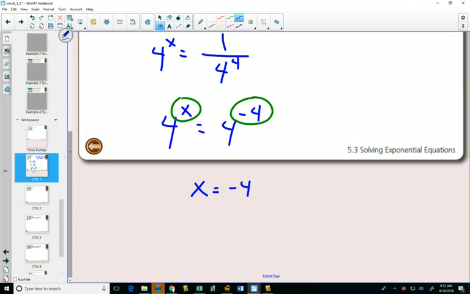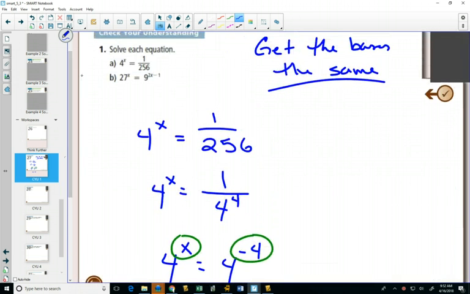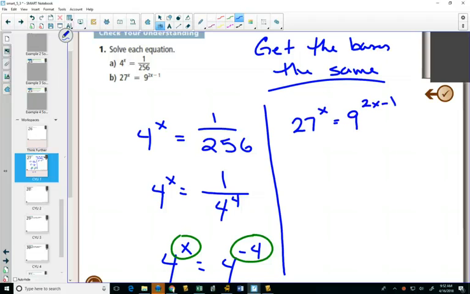When we get to part B here, 27 to the x equals 9 to the 2x minus 1. Now, if we go to the smaller of the two numbers, which is the 9, and look in our powers chart of 9, 27 does not appear.